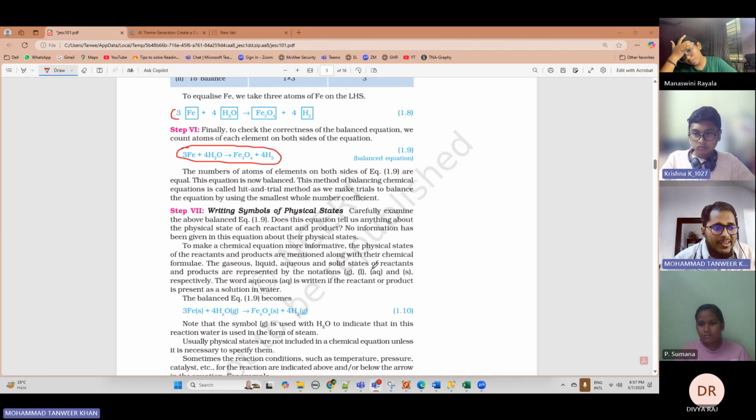AQ means aqueous solution. If it is S, it means solid. So whenever you're writing a chemical equation, for all the reactants and products you have to write their physical states as well.